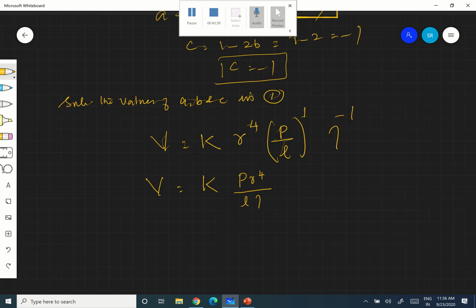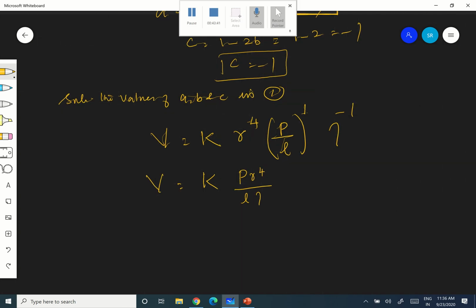Once you substitute that, you will get pi P R power 4 divided by 8 eta L. So this is the expression. It is not that you should know the value of K, because dimensions won't give any information about the value of K, so don't bother. Is it clear, children?